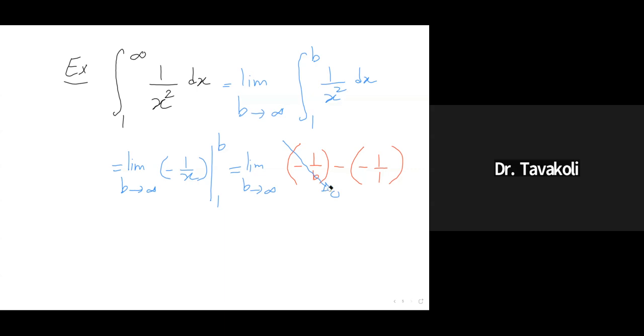Let me write a 0 here because 1 divided by infinity is 0. So what about the rest? Inside parentheses minus 1, there is a negative outside of that. So the value of this integral is going to be 1. So the integral from 1 to infinity of 1 over x squared dx is 1.